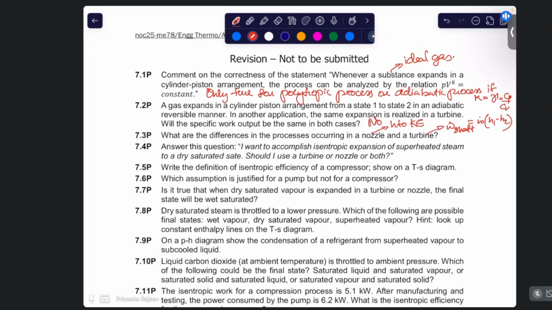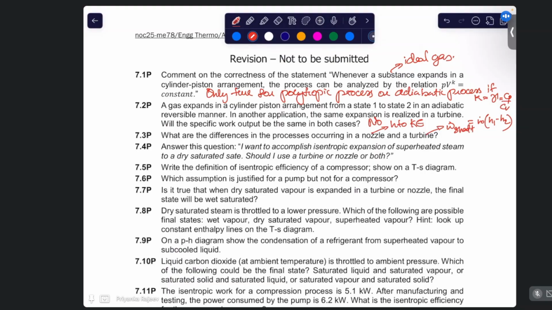So sometimes the turbine has inbuilt nozzles inside them for expansion and high velocity jet production. But the use of a turbine is very much necessary for shaft work. Okay, so use a turbine if you need shaft work.